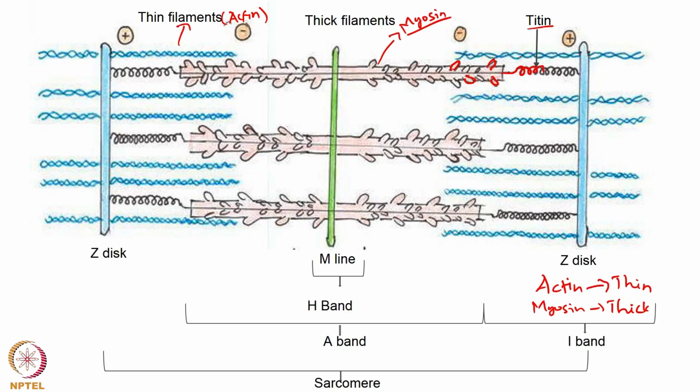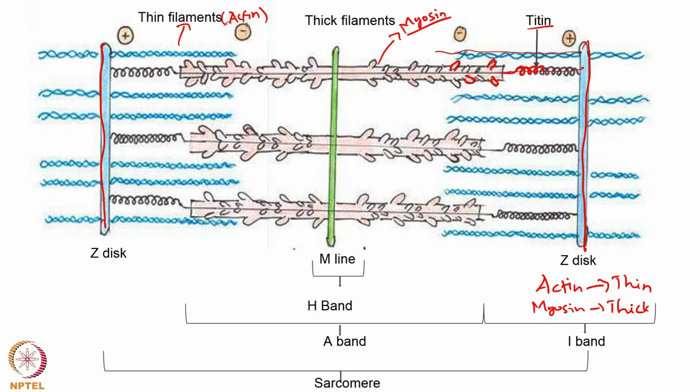So, titin attaches myosin to the Z disc. That is the Z disc, this is the other Z disc, and titin attaches the thick filament myosin to the Z disc, and the thin filament hangs in from the Z disc.